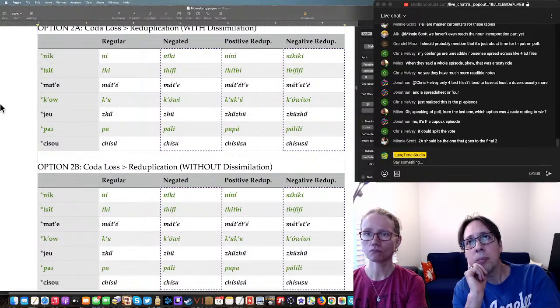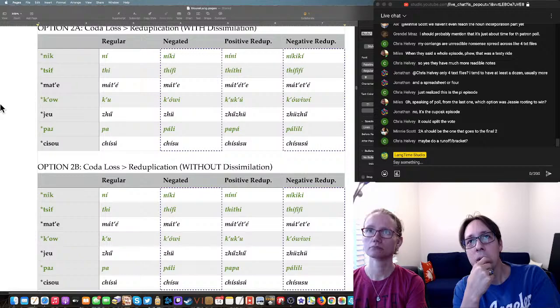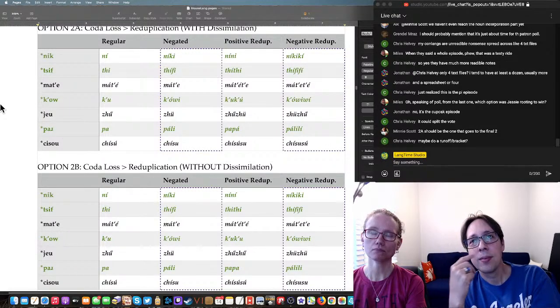But oddly enough, positive reduplicated forms, you get to preserve the tones. I did like the idea of the dissimilation because it highlights the distinction.